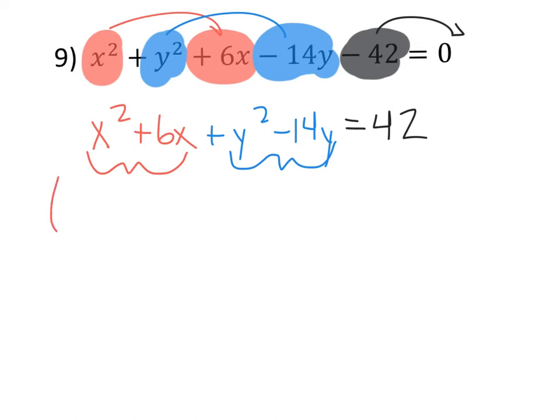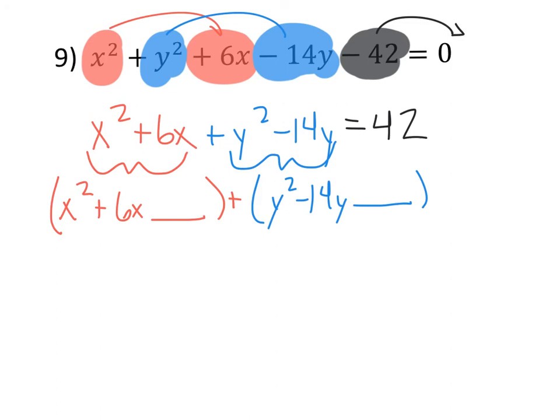So I have x squared plus 6x plus something, and then I have y squared minus 14y plus something equals 42. So we're going to complete the square. Half of my b is 3, and I square it, which is 9.